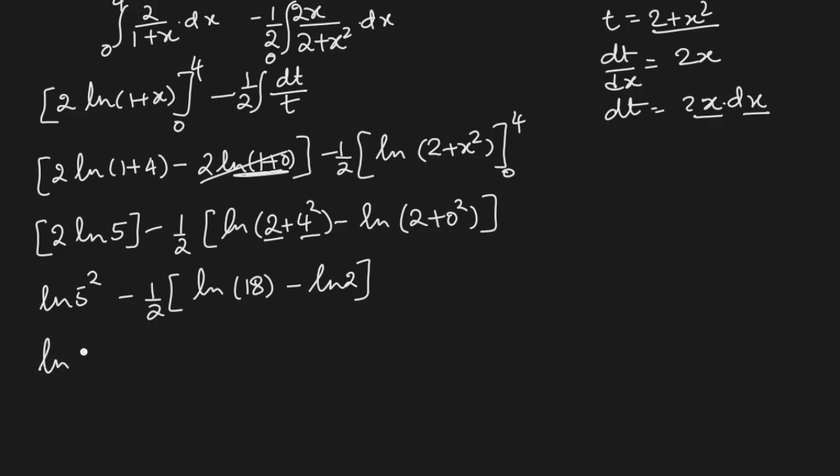So ln 25 minus half, two natural logs are subtracting, so their contents divide.